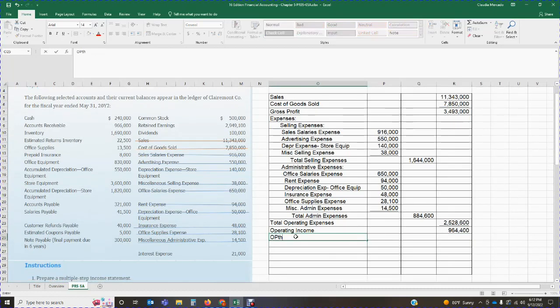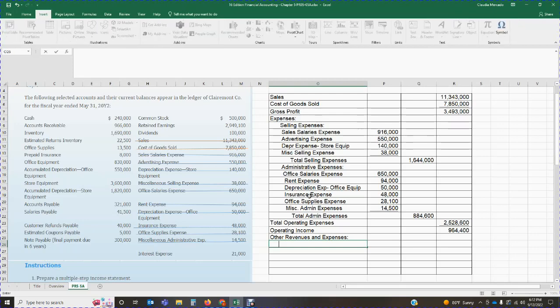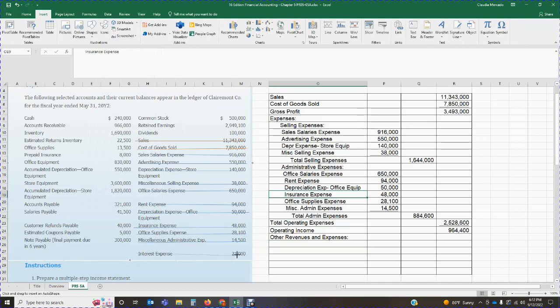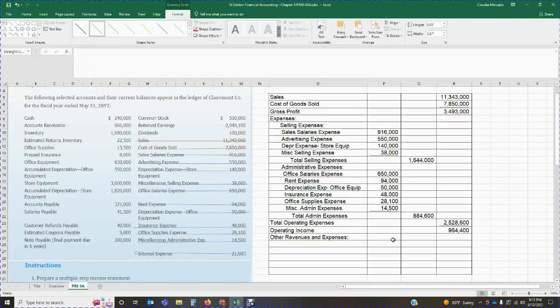Now we have one more thing that we have to account for. We have a category called Other Revenue and Expenses. In that category, we're going to include that interest expense. That is not related to the operations of the business, but it's still an expense that we have to account for.